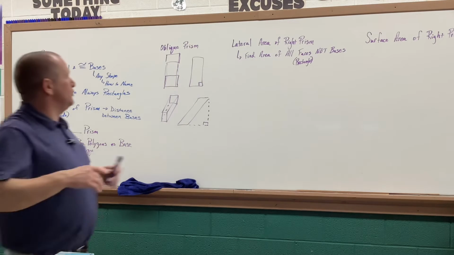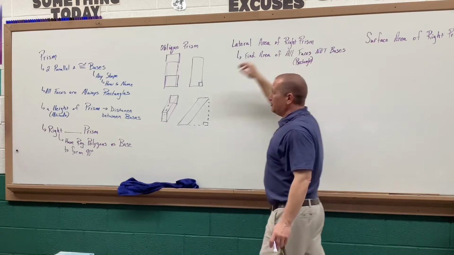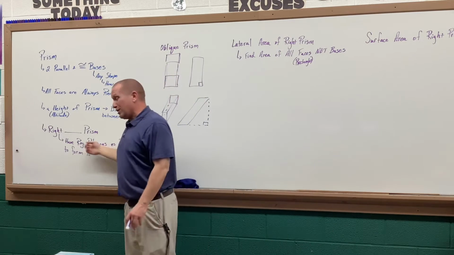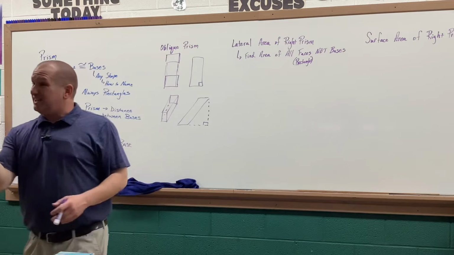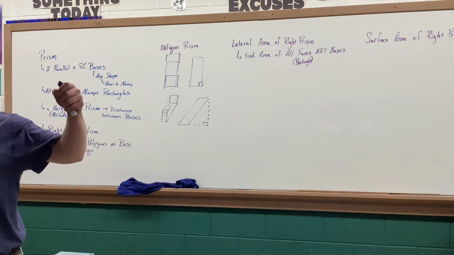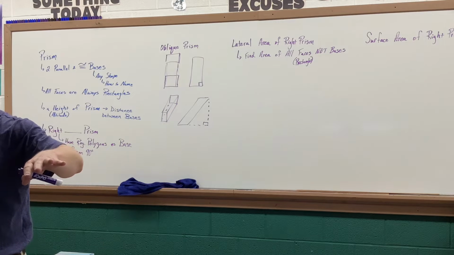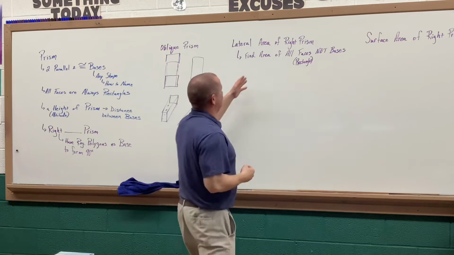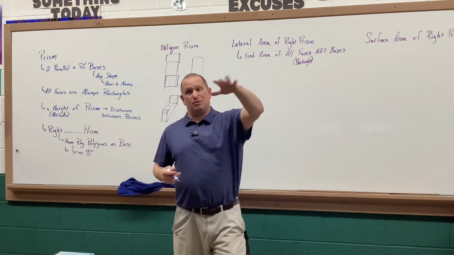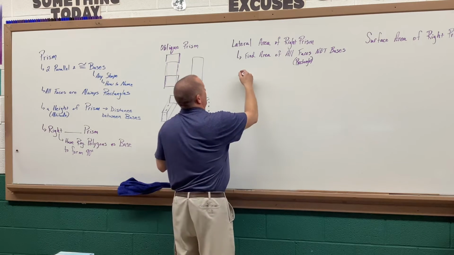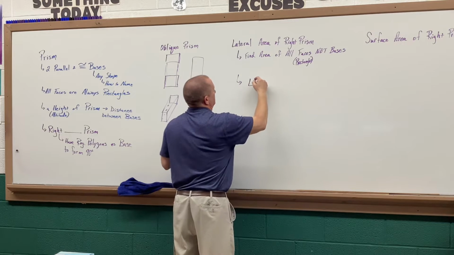But if we say that it's a right prism, that really means that it's perfect and it has a regular polygon on it. So each one of those rectangles in between is exactly the same thing. You just do one of them. So realistically, when you're doing a right prism, it's way easier because then we can have a formula.